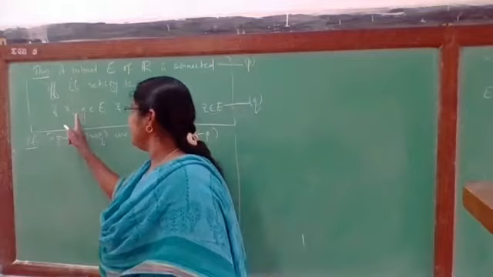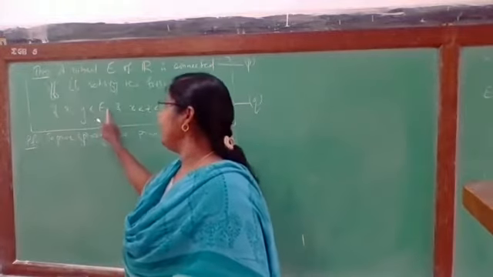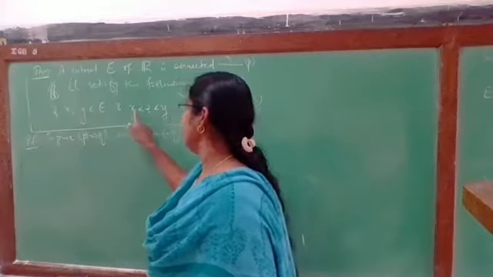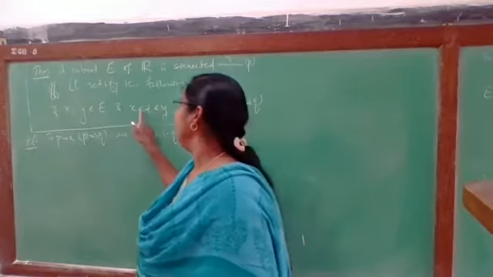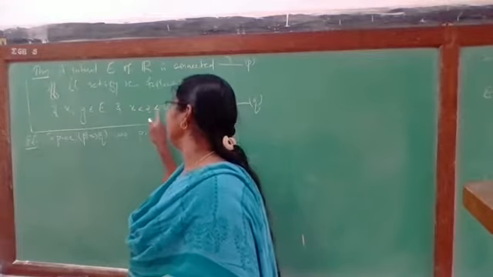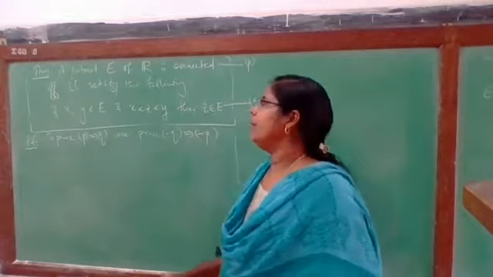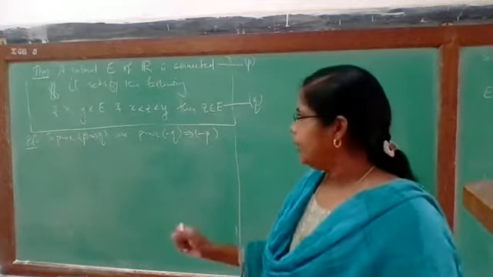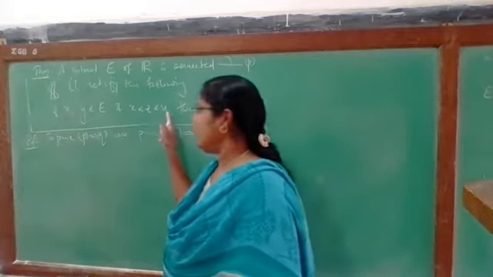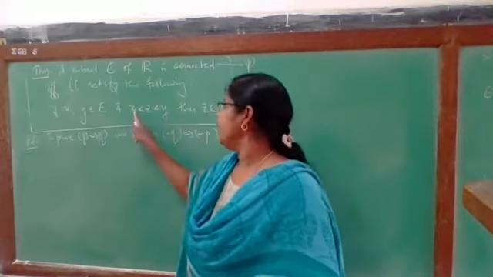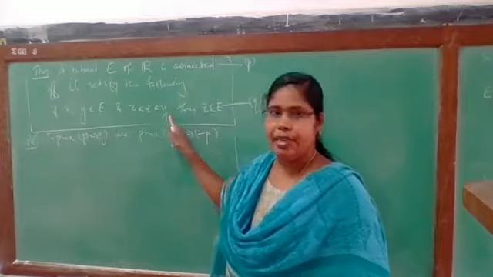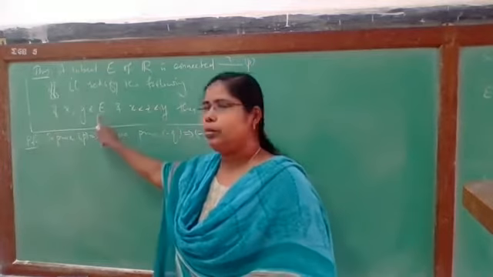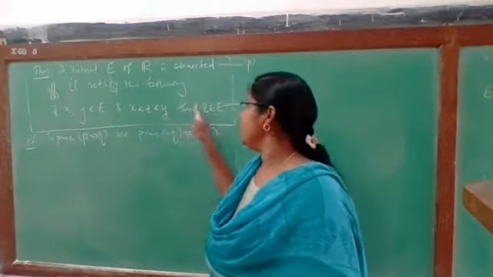So the statement says that for any two points x, y in E, here with the assumption x less than y, and z such that x less than z less than y, z belongs to E. That is not true means there are points x, y and z such that x is less than z less than y, x and y belong to E, but z is not in E.